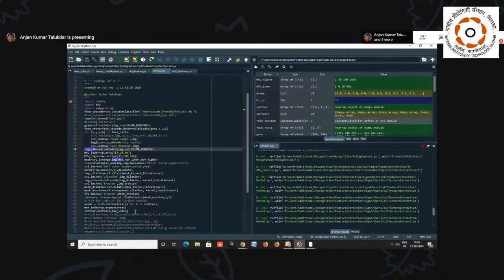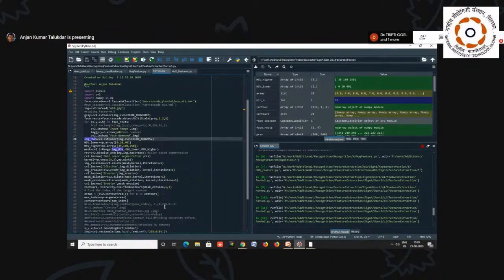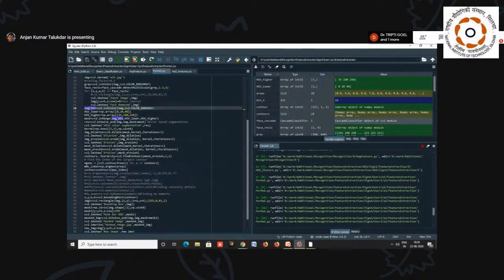Then this is the code for finding contour areas. Okay, first we have found how many contours there are by using this command cv2.findContours. After finding the number of contours, we have found the area of each contour, and we have finally selected the contour with the max area index.